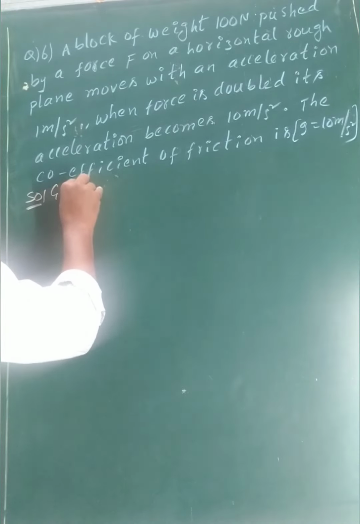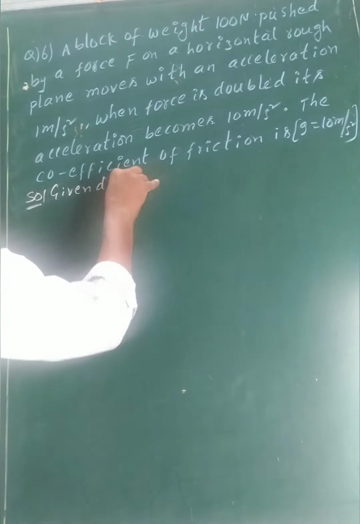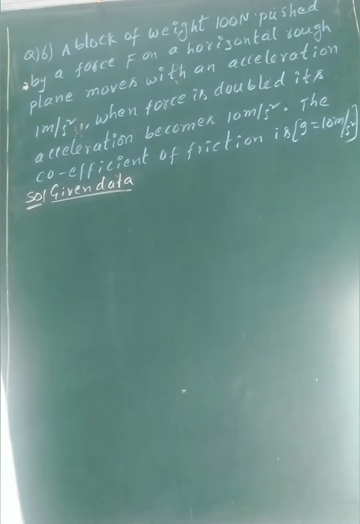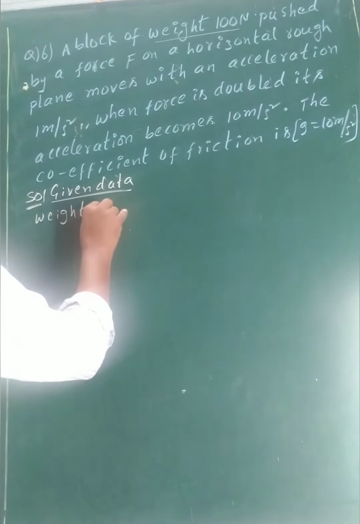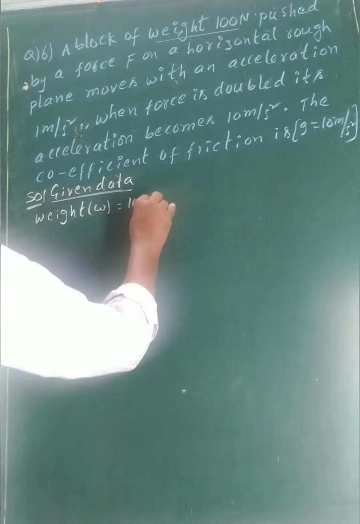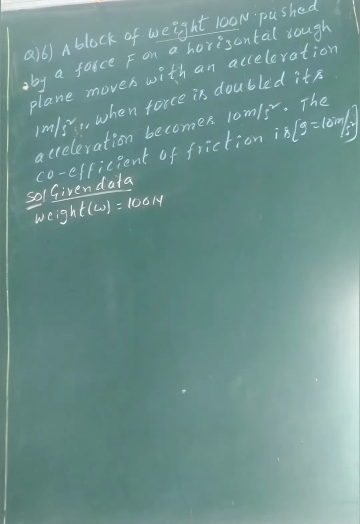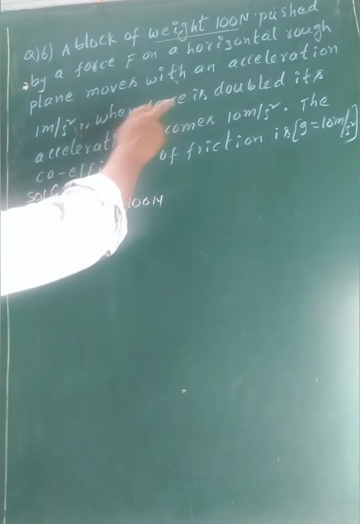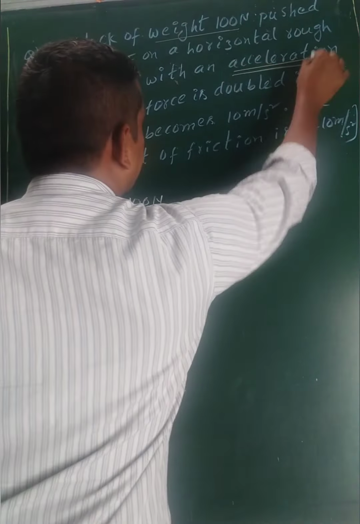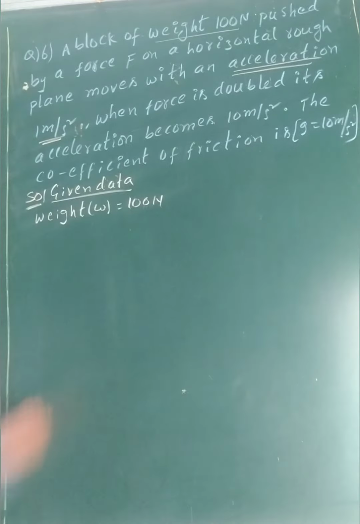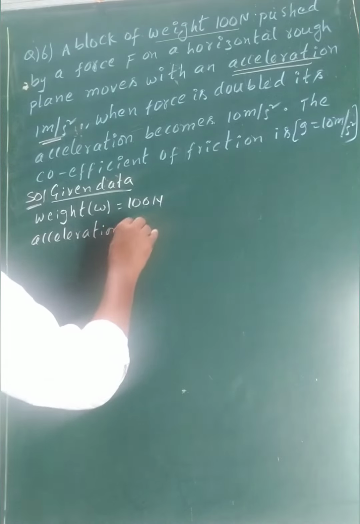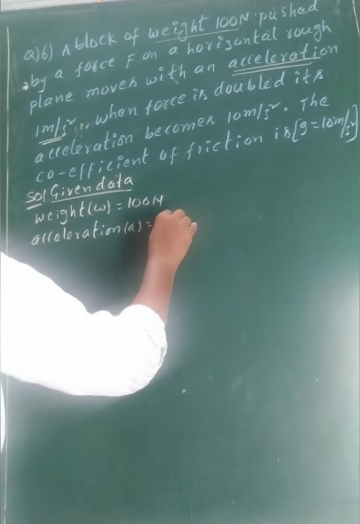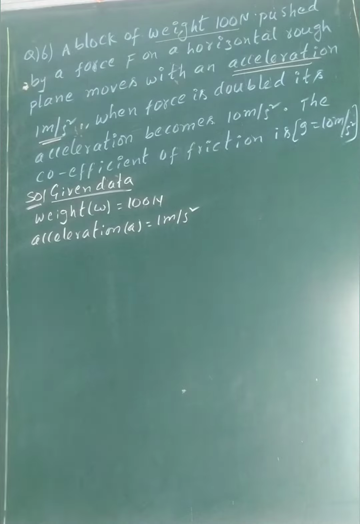Given data. Weight W equals 100 newtons. Horizontal rough plane moves with an acceleration, given acceleration a equals 1 meter per second square.